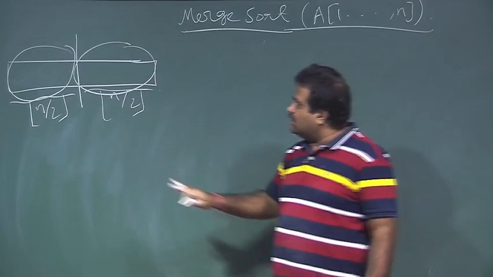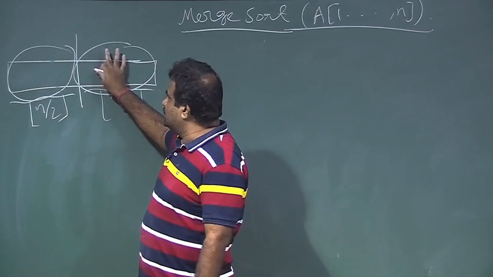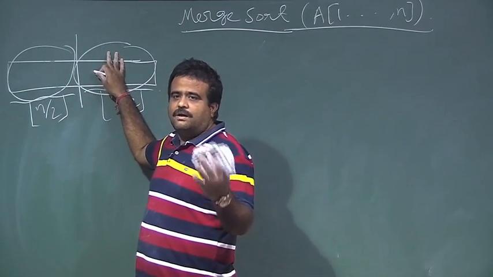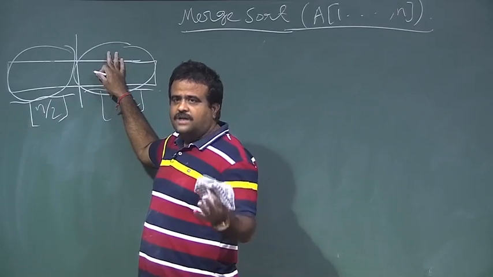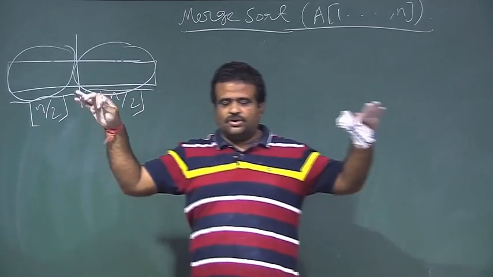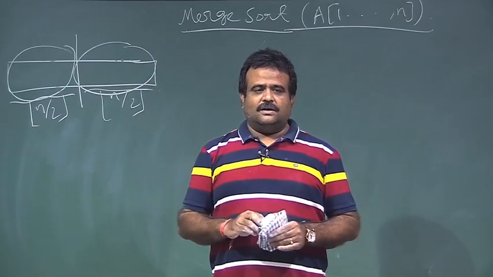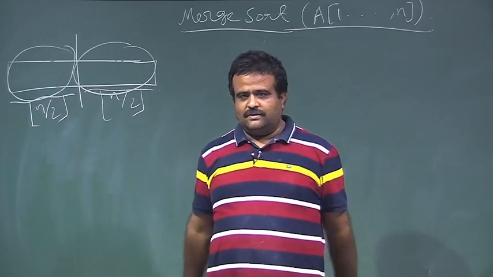And once this is sorted and this is sorted, we call a combine step, that is called the merge subroutine. We call a function merge, which will take these two sorted arrays and give us the full sorted array. So, that is called merge.